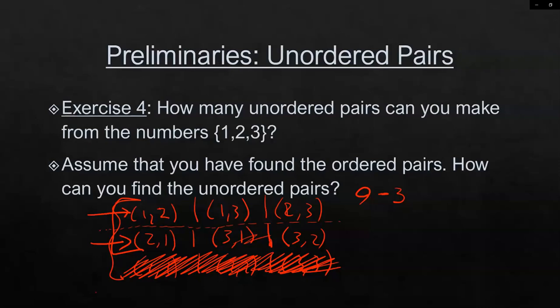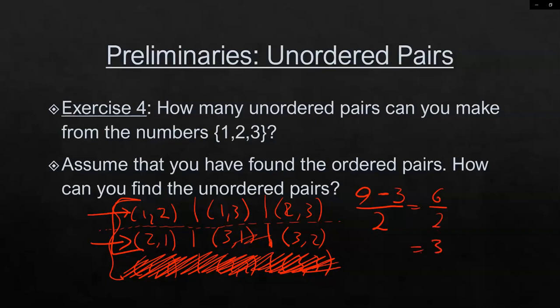So that means that if we have 6 pairs, how many are the unordered ones? 3, half, right? That is the big idea here. If we take the ordered pairs and remove all the ones that have the same entry in both cages, then we can just divide by 2 and we find the unordered pairs. So this would be 6 over 2, which is 3.